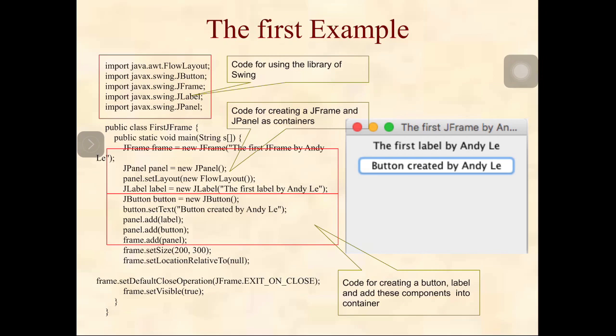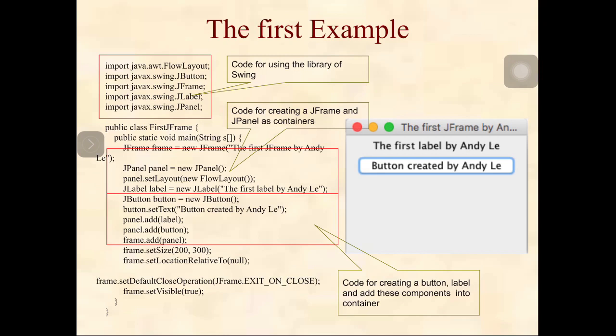Then I created a class with the name FirstJFrame. Then I declare a new object JFrame and assign a title name for the JFrame. Then I created a JPanel and set a kind of flow layout for the JPanel.